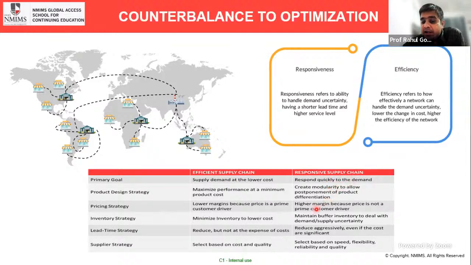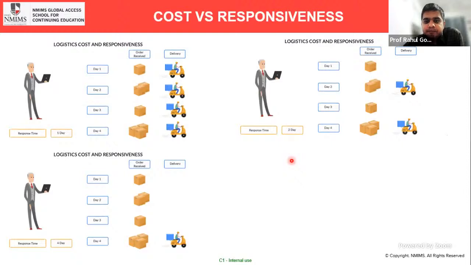They'll talk about a high pricing strategy. Why? Because they want to have margins to create that flexibility, right? Have buffer inventory. Why? Because they want to deliver that flexibility. But if you talk about an efficient supply chain, they want to minimize inventory, right? So two very different supply chains. So you have to take a call, right? Where your supply chain wants to lie, or it's going to be a combination between responsiveness and efficiency.